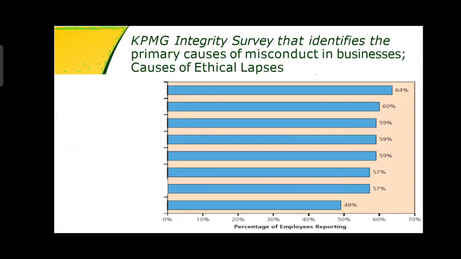All right, so in a survey of the KPMG Integrity, they identify the primary causes of misconduct in businesses, no? These are the causes of ethical lapses. So first of the causes is the pressure to do whatever it takes to meet business targets.